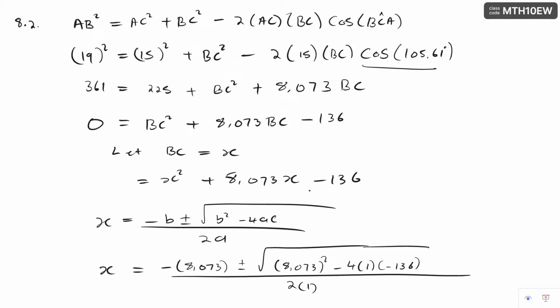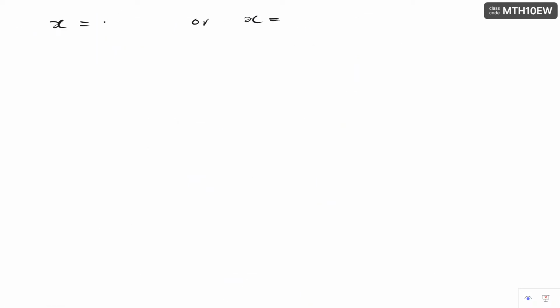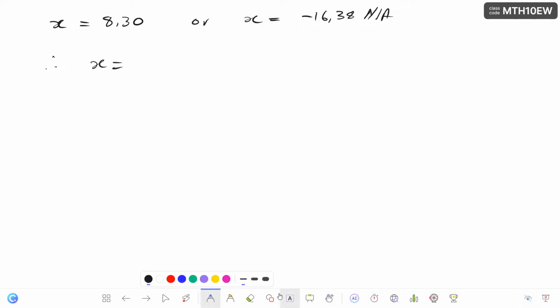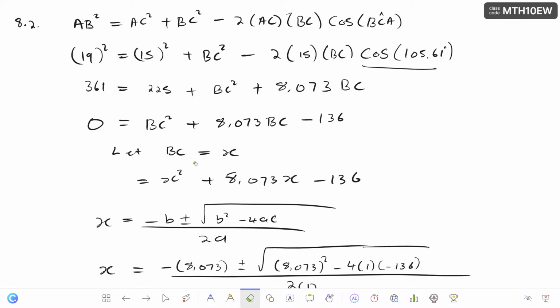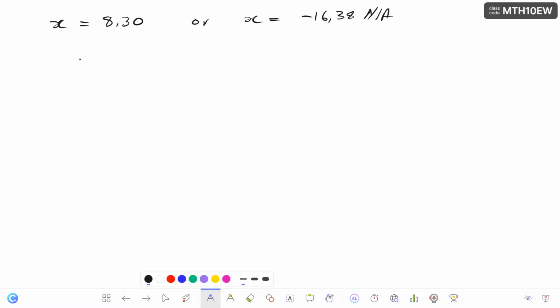The first value that I'm getting is 8.30. The other value is negative 16.38. Since we don't have negative distance, this one is not applicable. Therefore our distance BC is equal to 8.30 meter.